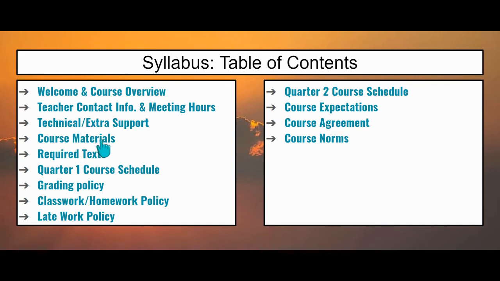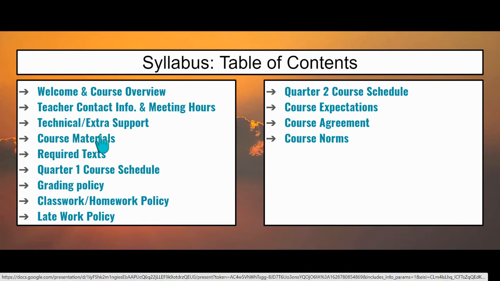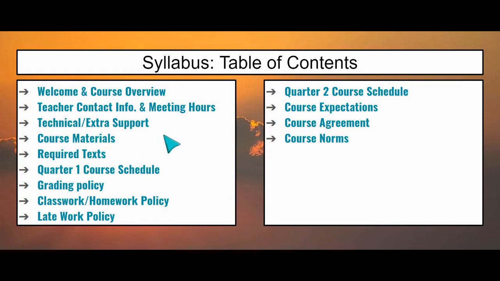We have course materials, so that means some of the text that we'll be reading, everything that you'll need to be successful in this class. It's the basic things. You're going to need your Chromebook or your laptop or some type of device that you can work on. You're going to need a few pieces of literature that I'll actually provide for you, which will be covered here in the required text.